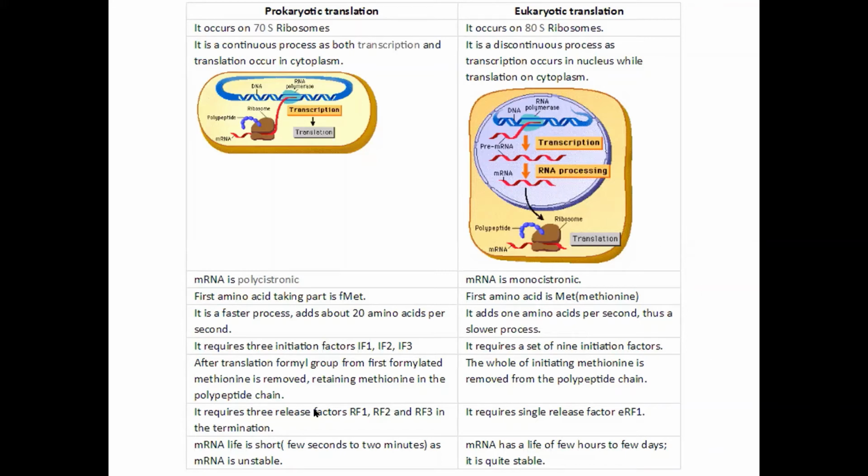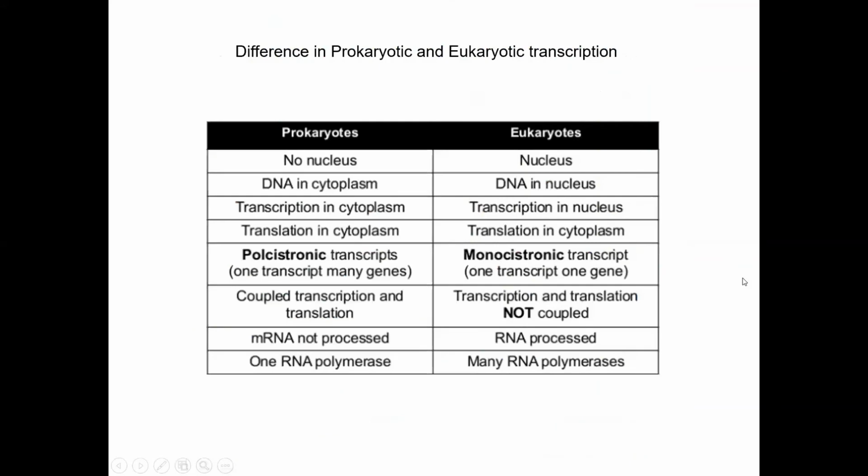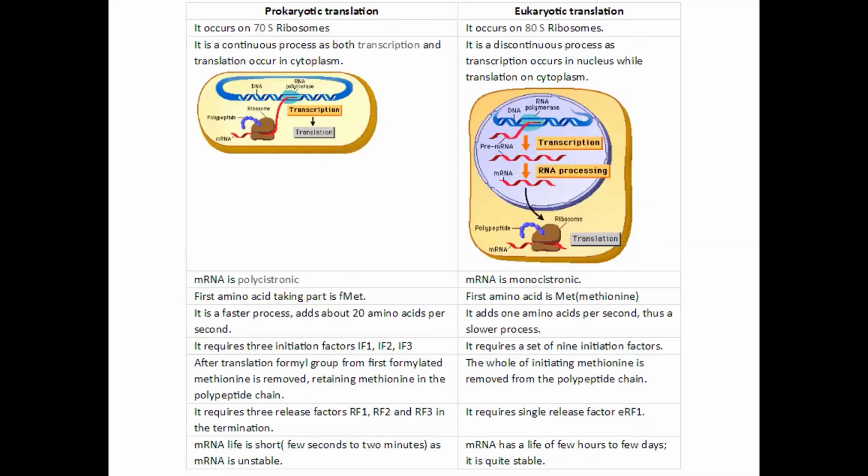The other differences are the release factors, and then, as we discussed, mRNA life in prokaryotic cells is less, but in eukaryotes it is longer, a few hours to a few days. So it's quite stable. So this is a table which gives you the differentiation between translation in prokaryotic and eukaryotic cells.